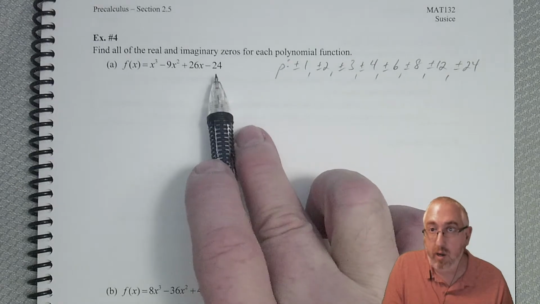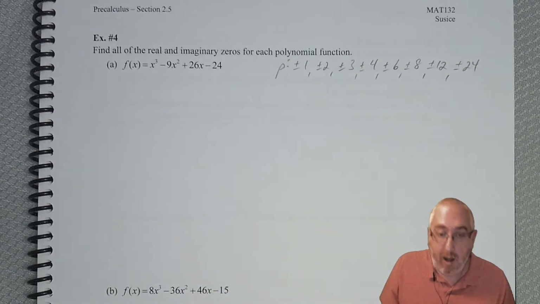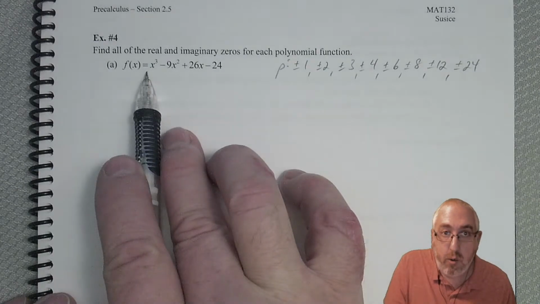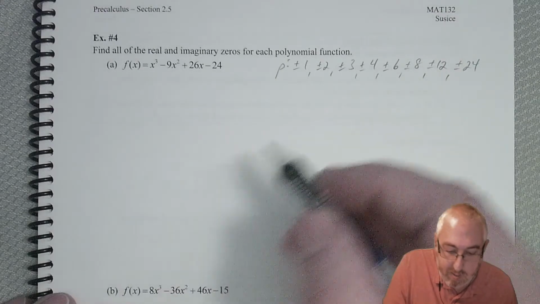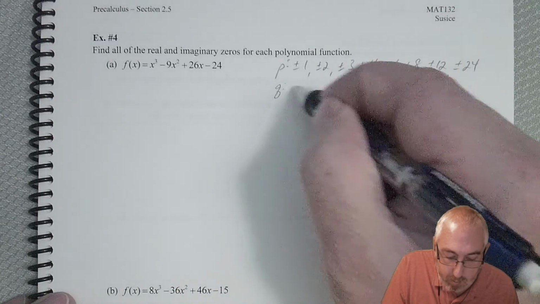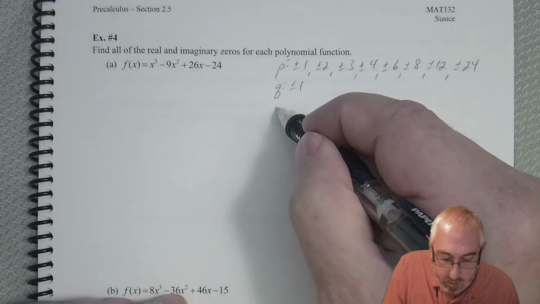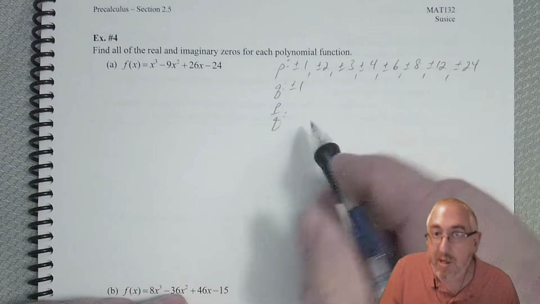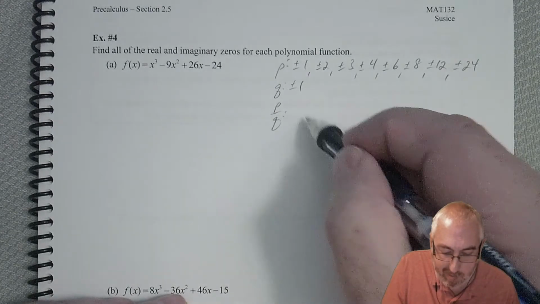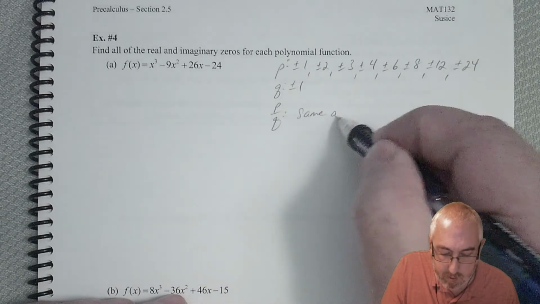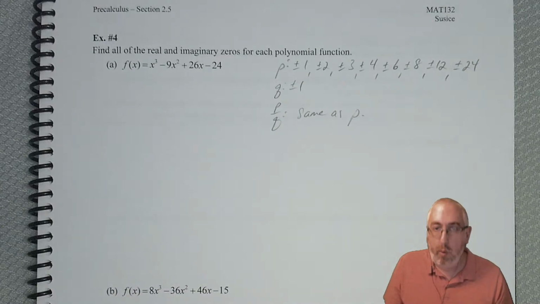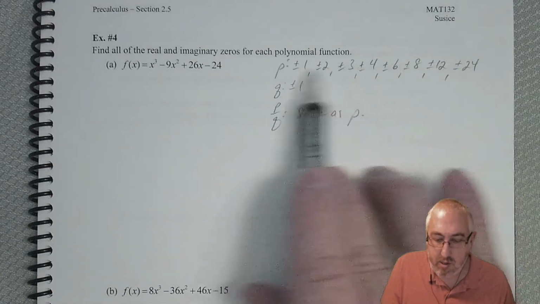That's all we're looking for. But since our Q is equal to plus or minus 1, to be technical, then P over Q is the same as P. So I'm not going to rewrite it. So we know what our possible rational zeros are.